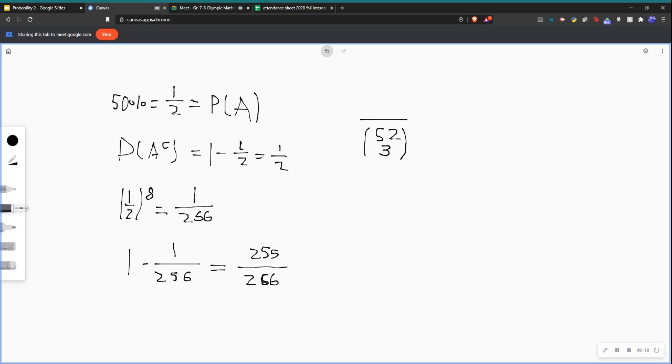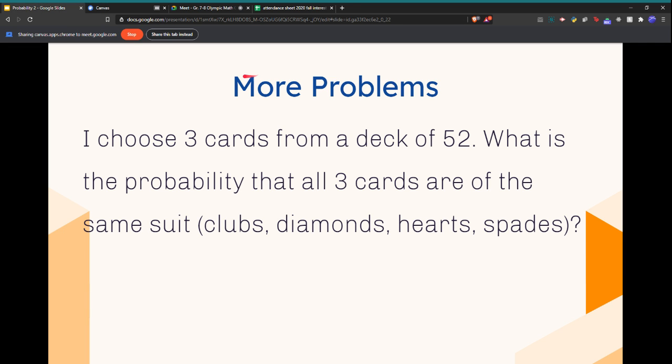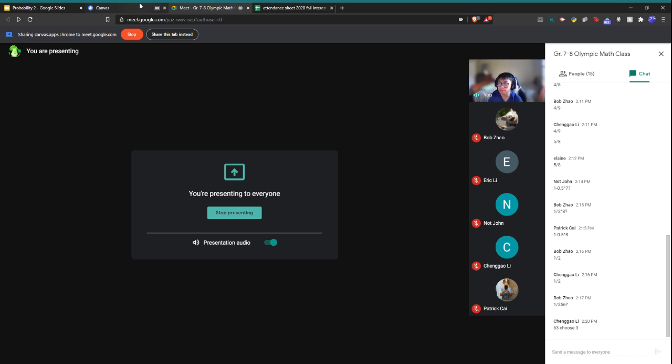All right, now let's look at the numerator part. For each suit, clubs, diamonds, hearts, and spades, there are 13 cards. You just divide 52 by 4 to get 13 cards for each suit. So say I only want 3 clubs.